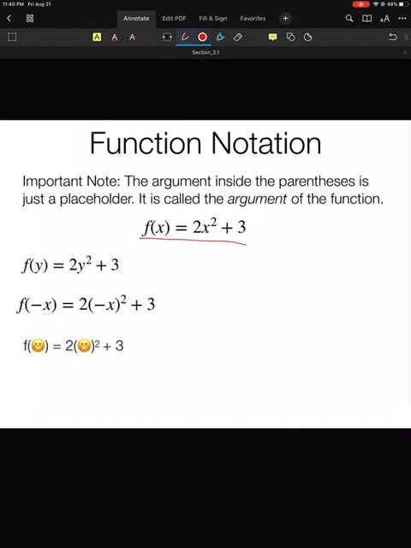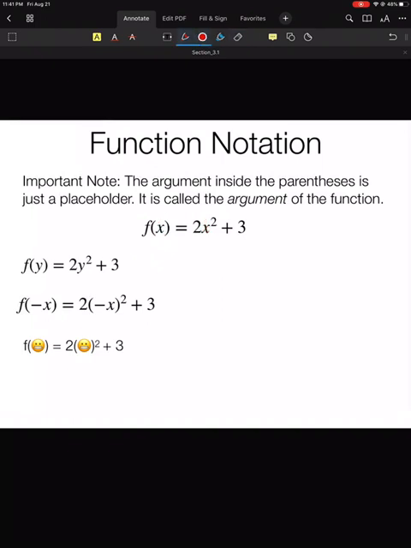But the x is just a placeholder. So I could rewrite this as f of y, so instead of x I put y here, and what that does to the function is it changes x to y. Whatever I put inside the parentheses on the left is going to turn whatever was inside before into whatever it is now.